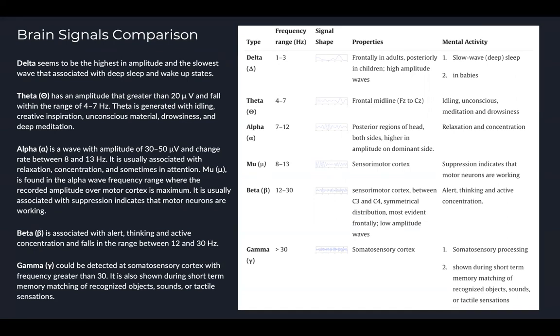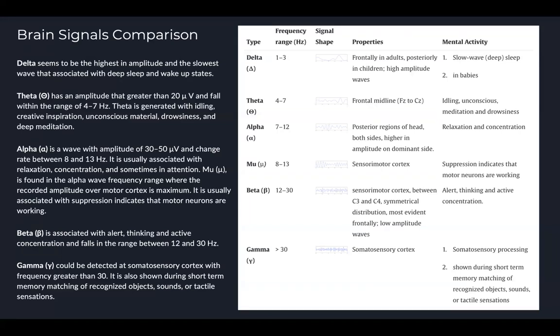The theta wave is generated when you are in the idling state or creative inspiring unconscious mental drowsiness or deep meditation, or when you are feeling down, then your brain is generating the theta signal. Alpha signal is generated when you are going to move something, some muscle.